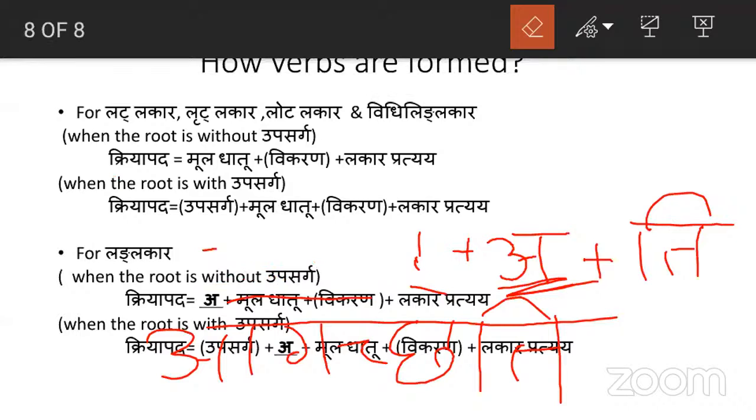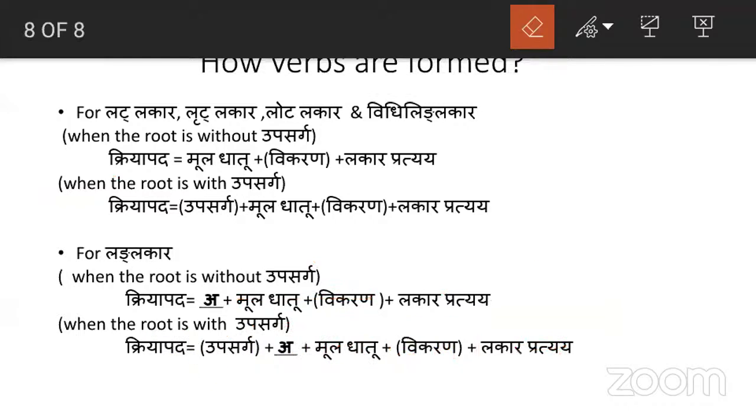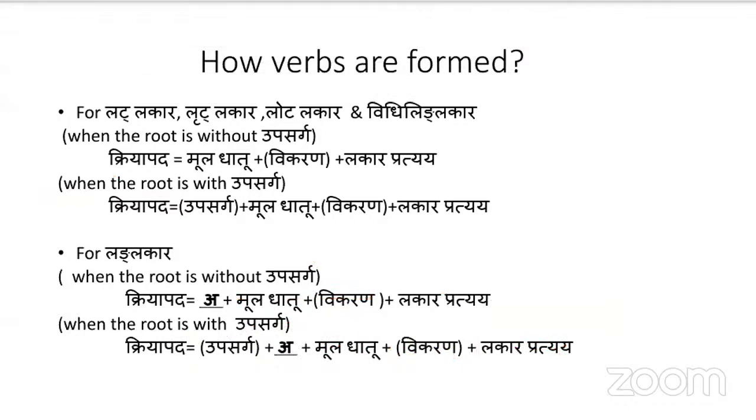For lang lakar. Now see how in lang lakar the kriya should form. In lang lakar, when the root is without upasarga, means only the simple root is there, then the place of a is first.